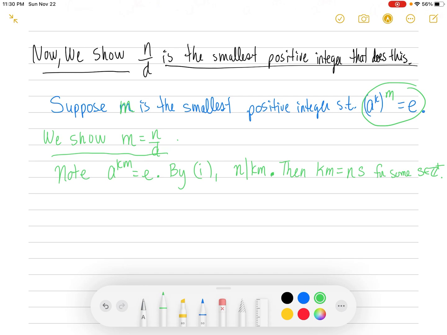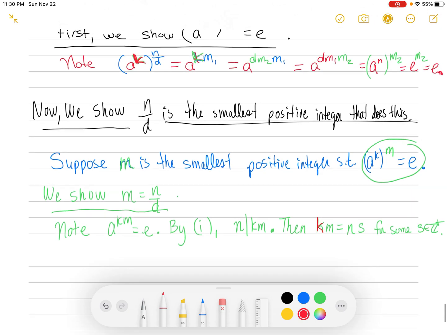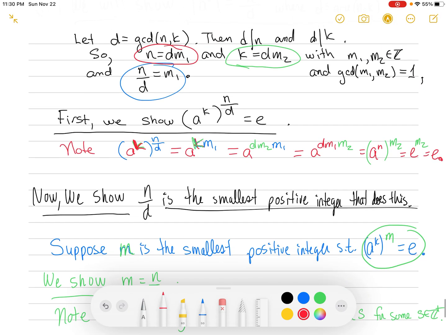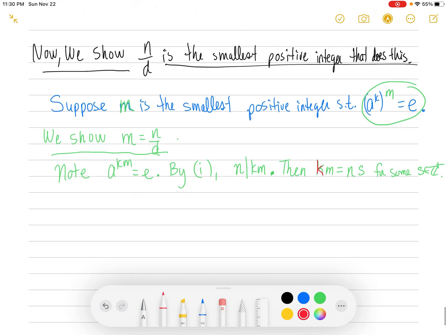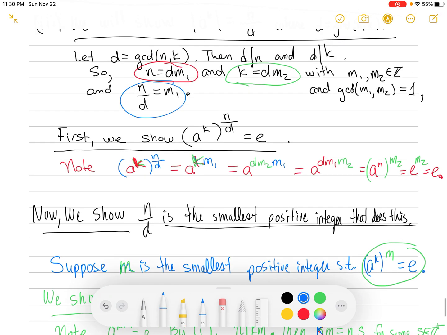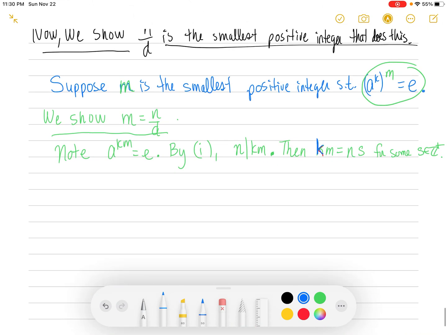Okay. Now, what's another name for k? Let's go back and check what k was. k was dm2, right? K right here was dm2.